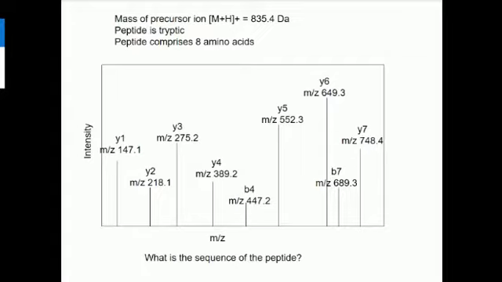Come on, shout out somebody. And we just keep on going. Next is asparagine. Has everybody got that? Yes, okay. And then Y2, and that is glycine.